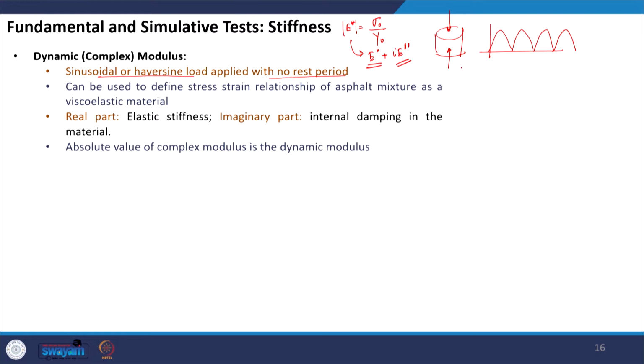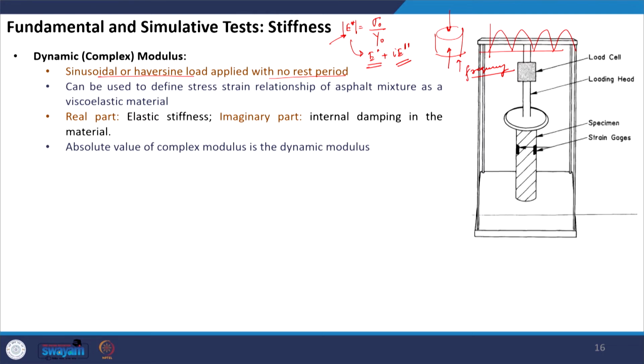And this test also requires a standard frequency at which the test is to be done, because the response is frequency dependent as well. And finally, we are interested to see the absolute value of the complex modulus, and this absolute value is termed as the dynamic modulus.